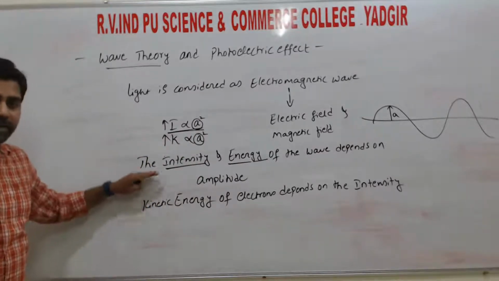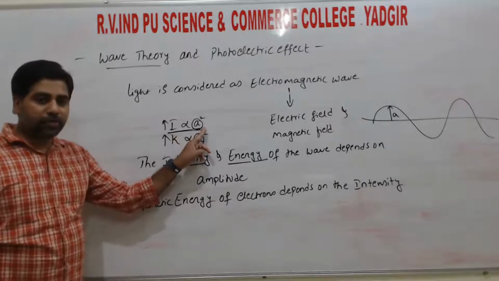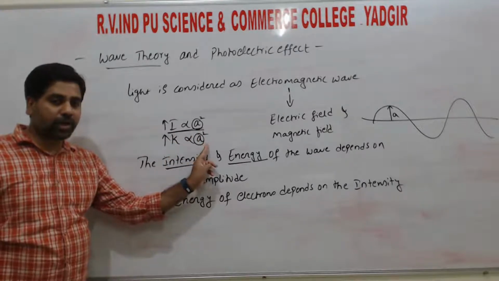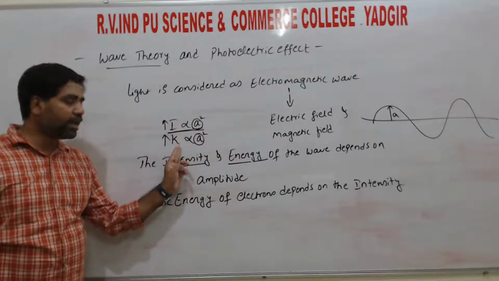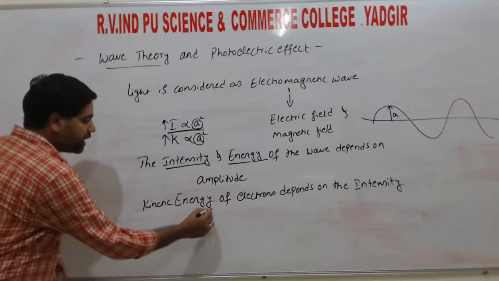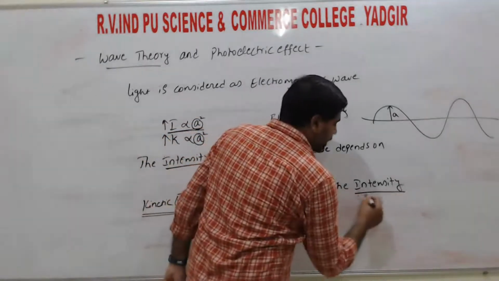This is what we studied in the wave theory. Intensity depends on the amplitude square, and kinetic energy also depends on the amplitude square. Then we say that kinetic energy depends on the intensity. So this means that the kinetic energy of the electrons directly depends on the intensity.